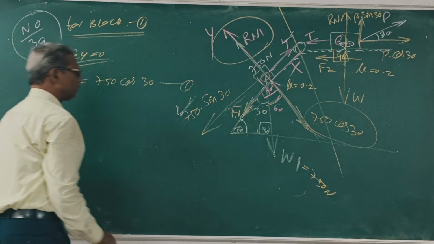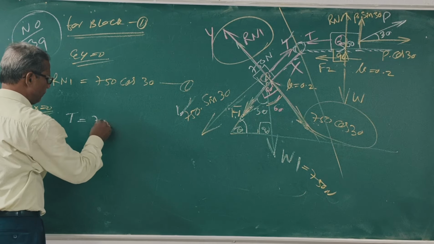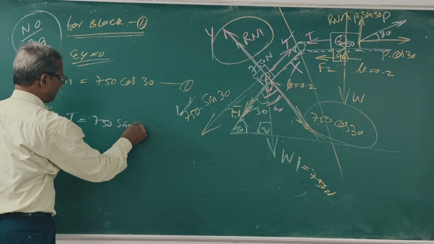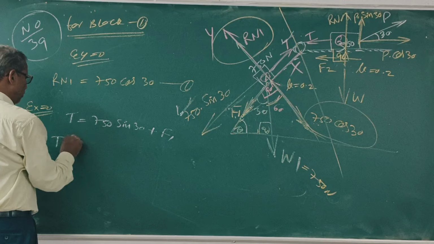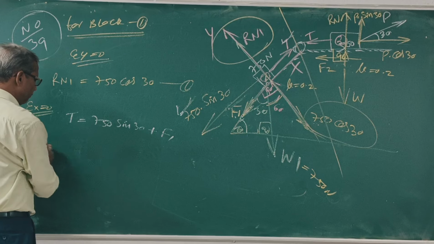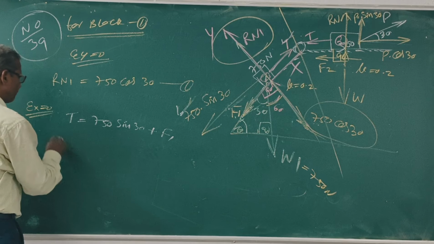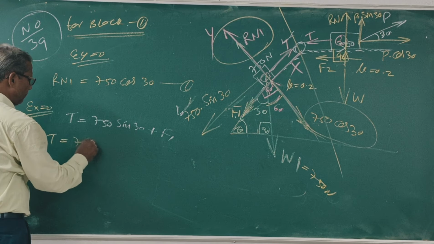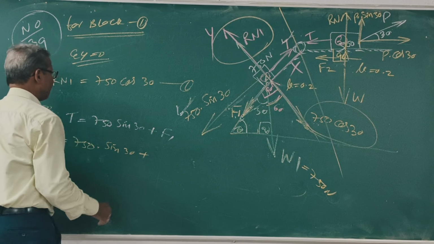So T is equal to 750 sin 30 plus F1. What is F1? Mu Rn1.